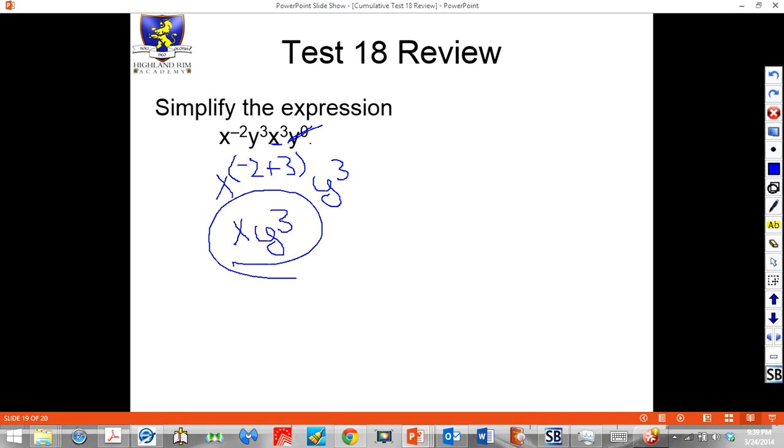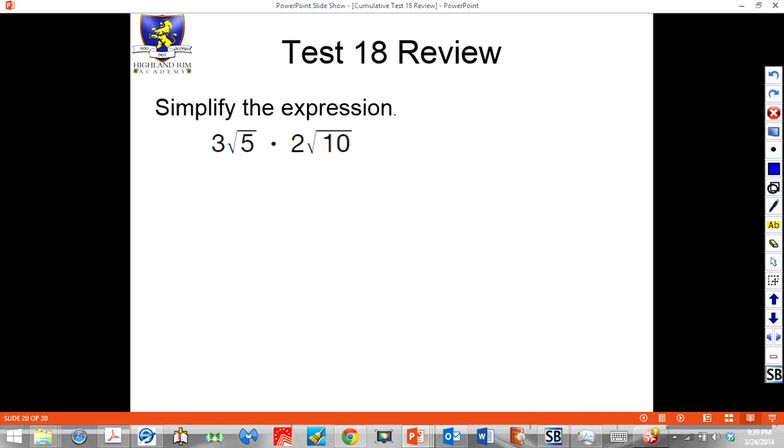Now, our final review question. And this is going to be, let's just figure this one out. You have the square root of 3 to the 5th times the square root of 2 to the 10th. Well, how are you going to do that one?